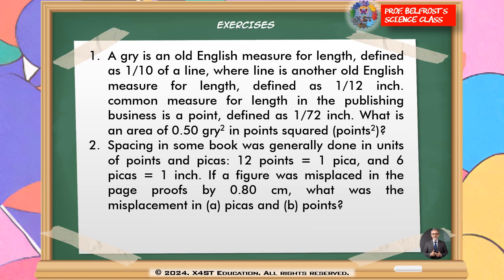Second, spacing in some typesetting is generally done in units of points and picas. 12 points equal 1 pica and 6 picas equal 1 inch. If a figure was displaced in a page proof by 0.80 centimeters, what was the misplacement in picas and points?